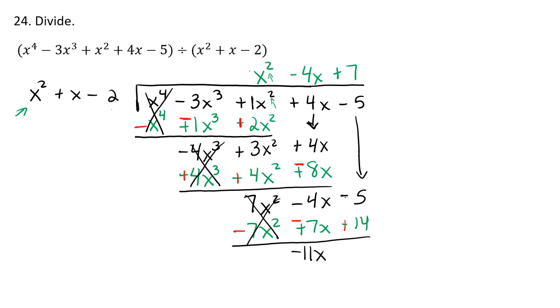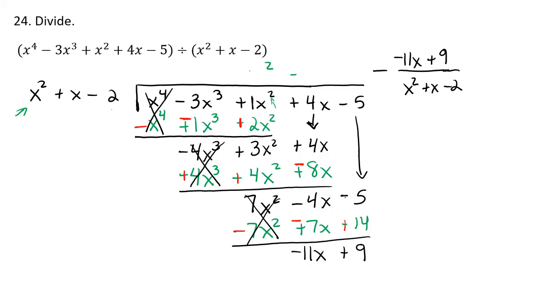Negative 5 plus 14 is positive 9. I've run out of numbers to drop down, so I have a remainder of negative 11x plus 9 over x squared plus x minus 2. And so now I have my answer.